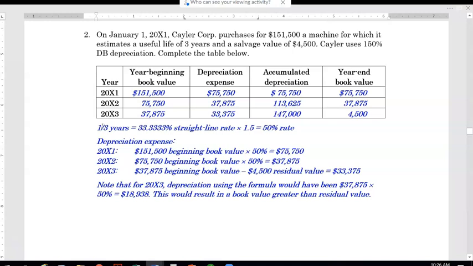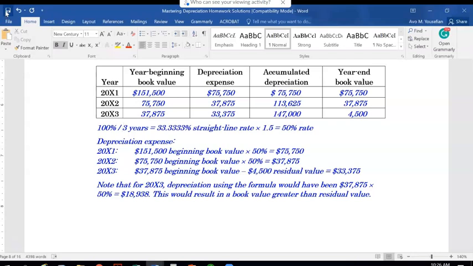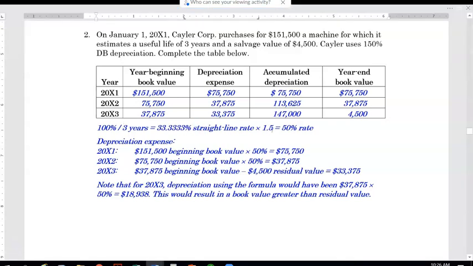So we say 100% divided by 3 years. That gives us 33%. 33% times 1.5 times rate of depreciation, 150%, equals 50% rate of depreciation.